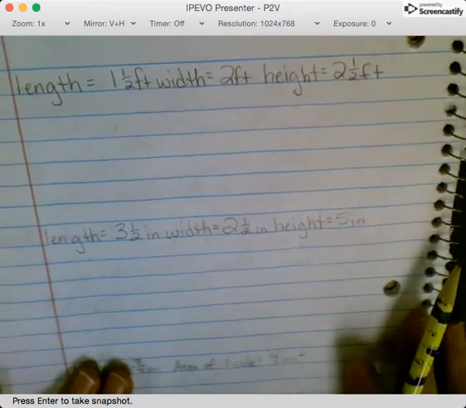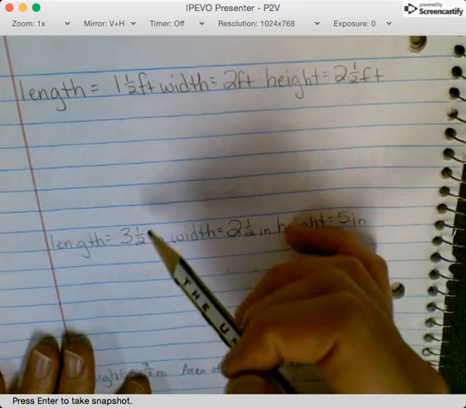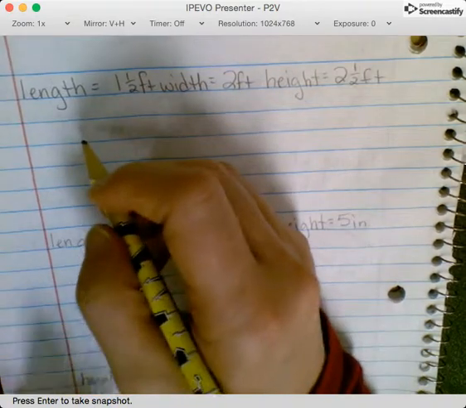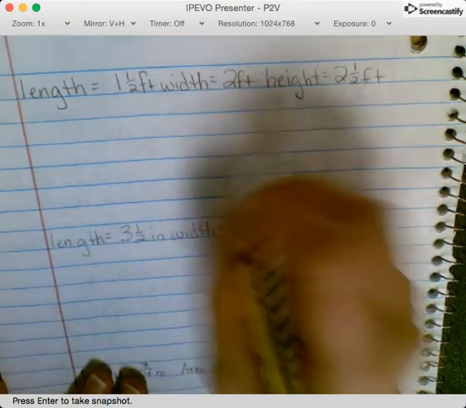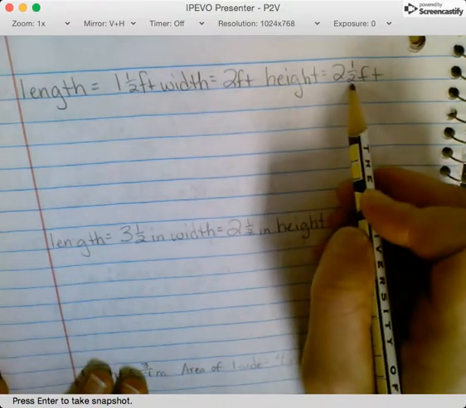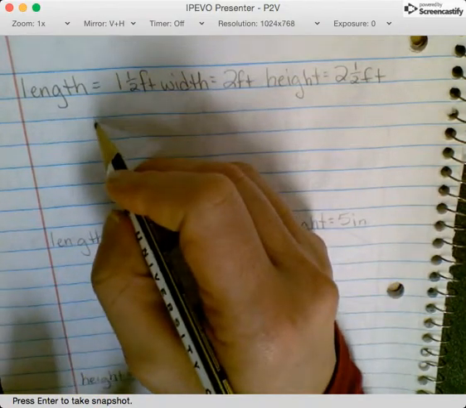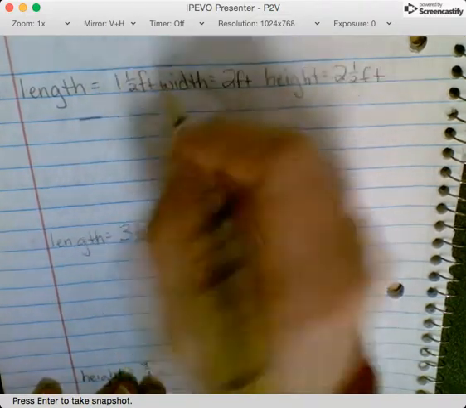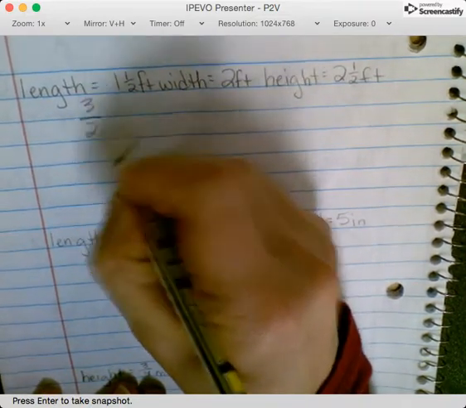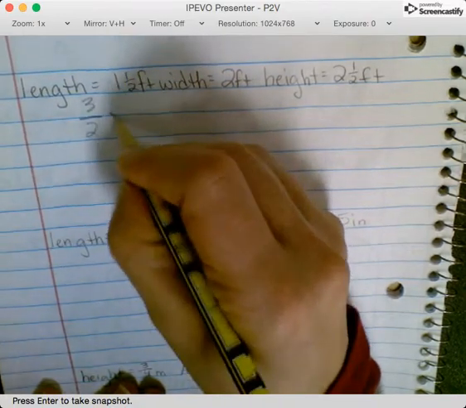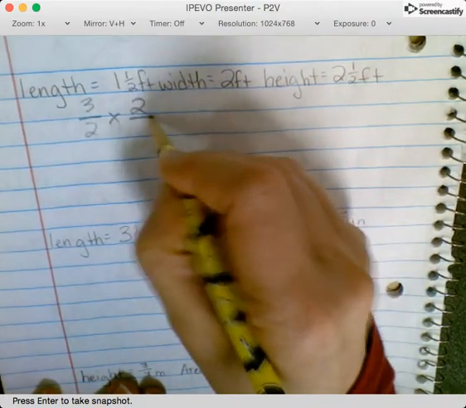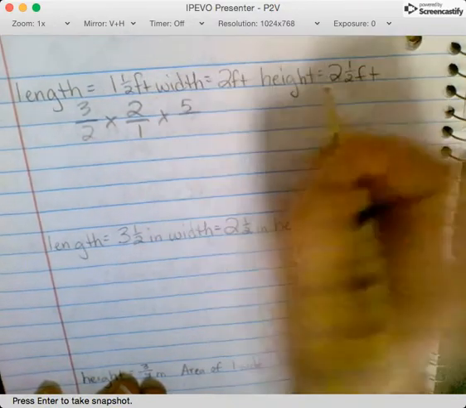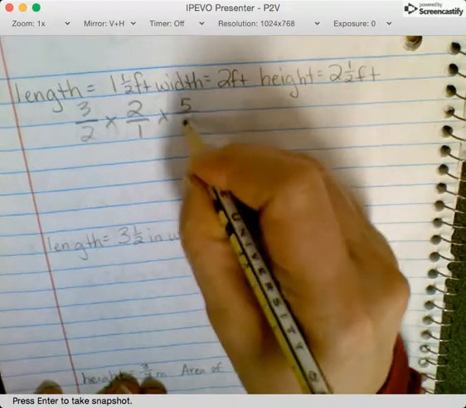So now I've put in some fraction numbers here. So my length, instead of drawing it, I have 1.5, 2, and 2.5. Now I'm going to convert these into improper fractions in order to multiply them. So 1.5 is going to be 3 halves, 1 times 2 plus 1. 2 can stay as 2 over 1. And then 2.5 is going to be 5 over 2. 2 times 2 plus 1.